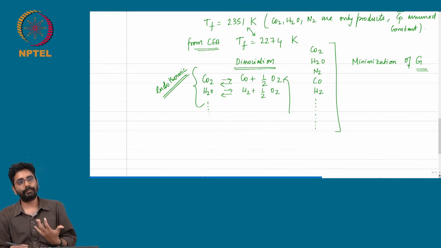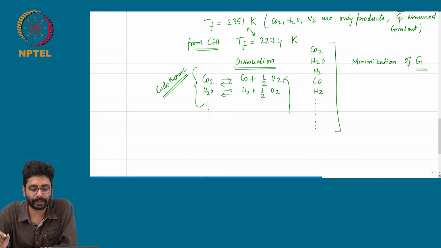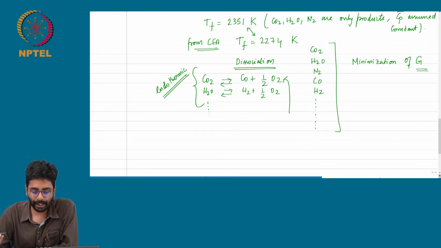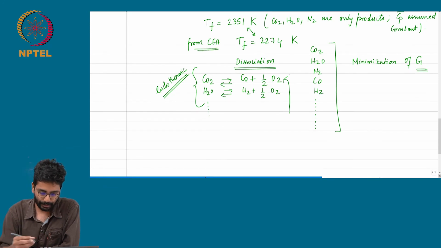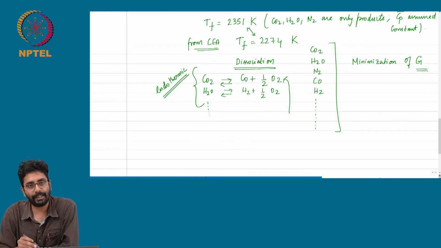Assume that you have pure CO2 at 2351 kelvins or some high temperature 2000 kelvins, and if the temperature is held constant at 2000 kelvins and the pressure is held constant at 1 bar, and you can consider a few cases 1 bar, 10 bar and 30 bar, try and calculate the equilibrium composition of CO2 dissociation.